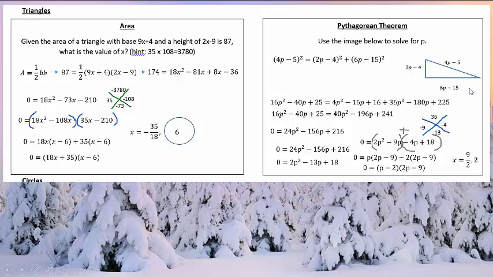Same thing with 6 times 9 halves and 4 times 9 halves. So we'll be okay if we do that. But if we put 2 in for p, 2 times 2 would get you 4, and 4 minus 4 is 0. So you're telling me that the length of this side is 0, and that's not possible. So we have to throw out 2 as an answer and just go with the 9 halves.